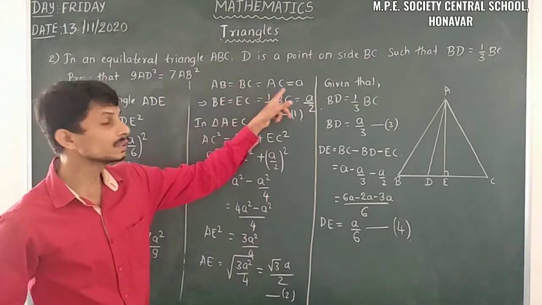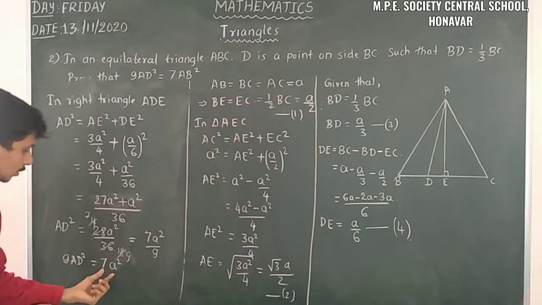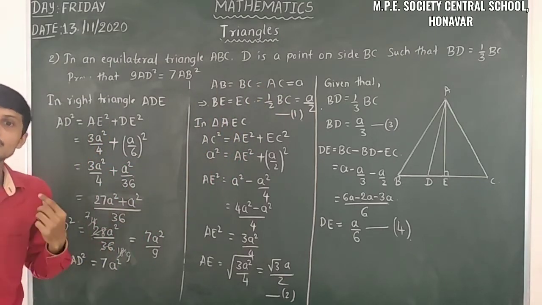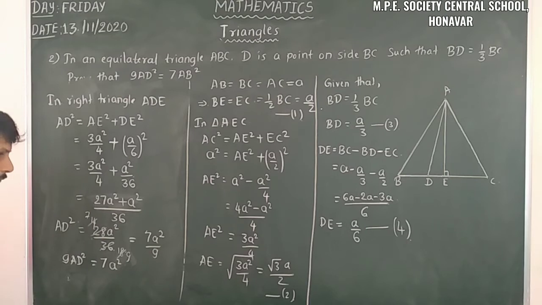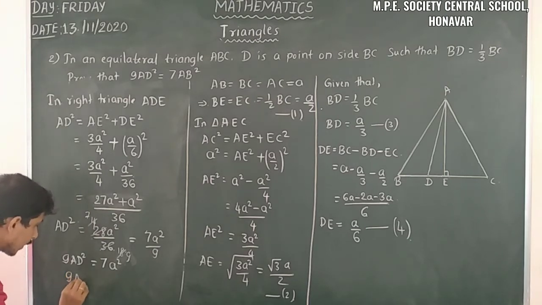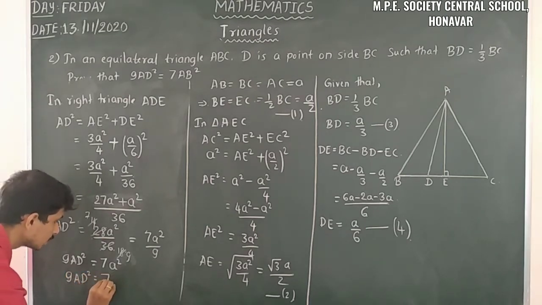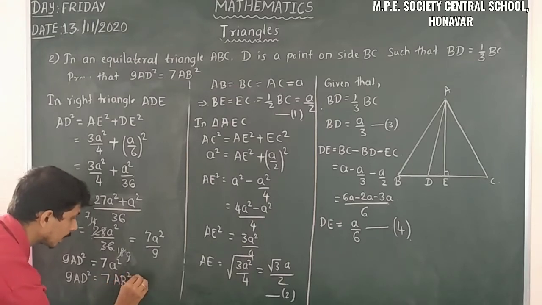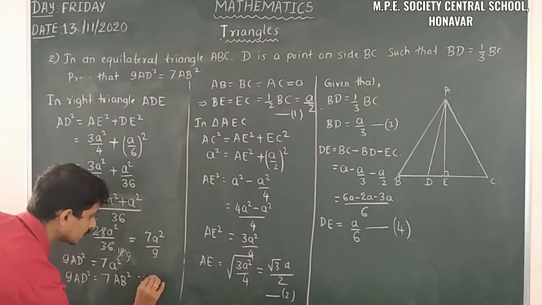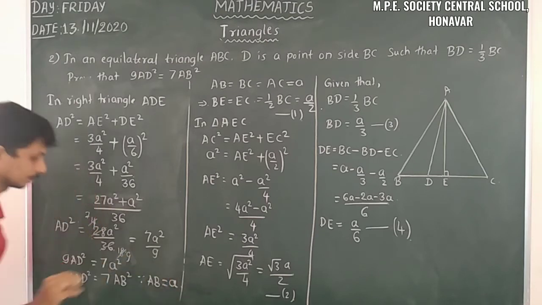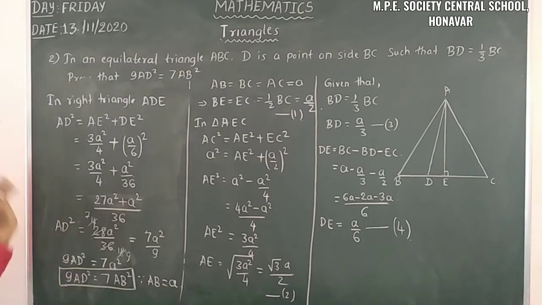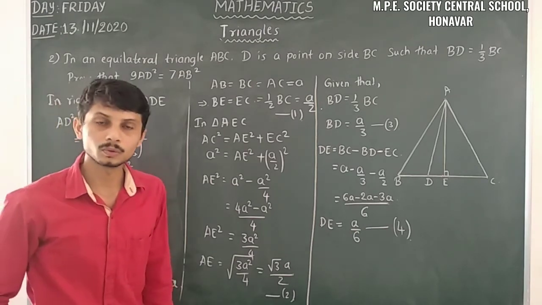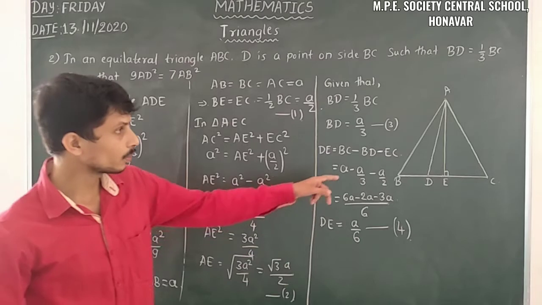So in place of A, I will substitute AB. That is 9AD square is equal to 7AB square. So here we have the required proof. So how did we solve that one? Here we wanted AD.